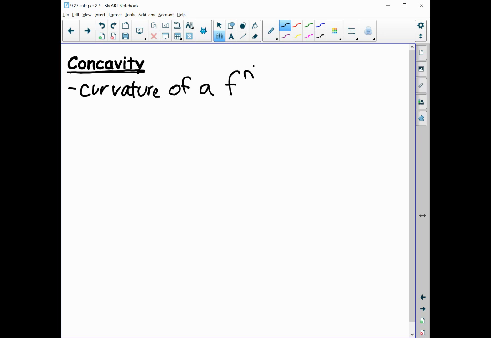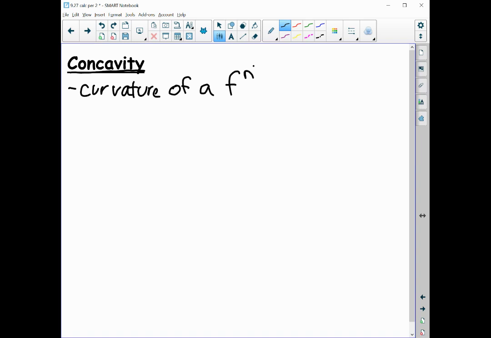The linear function does not have concavity. Absolute value functions do not have concavity. There's no curvature. The integer function, if you remember our little step function, no concavity. The step stool function, no concavity, okay? It does not have to have concavity, but sometimes they do.